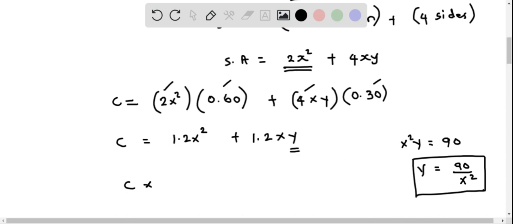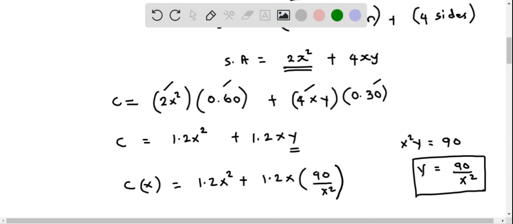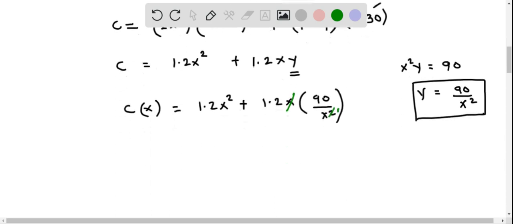I'm going to write this in function notation because this will be converted into x. So we have 1.2 x squared plus 1.2 x times, replacing y by 90 over x squared. And we can also simplify this. We see that we can cancel this x with this x squared as 1 times. So it's basically 90 over x.